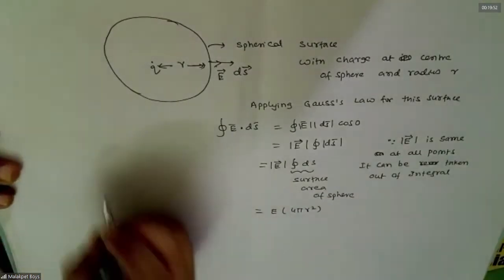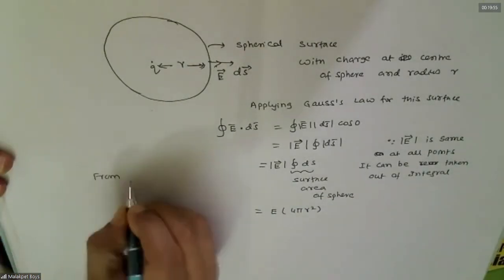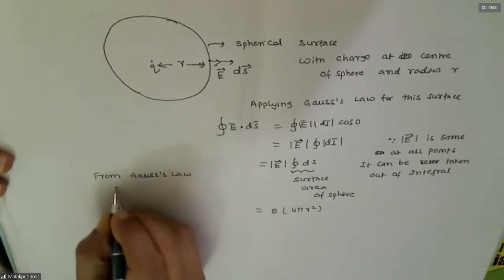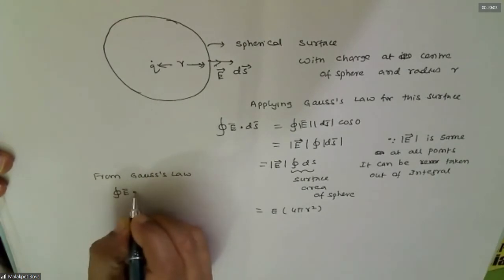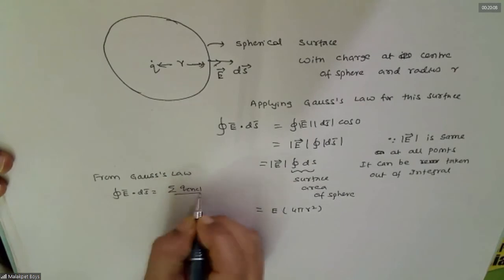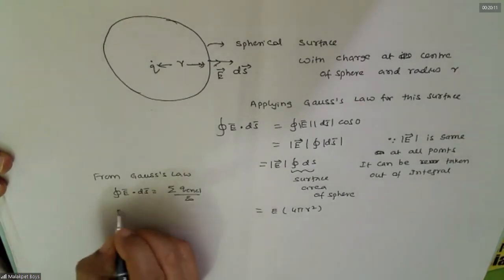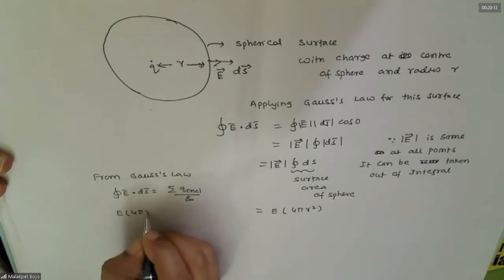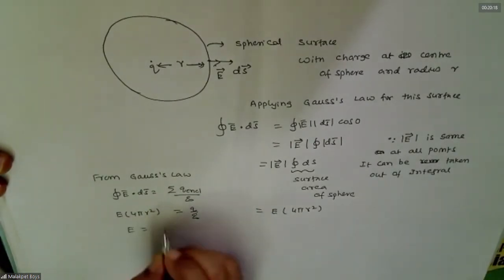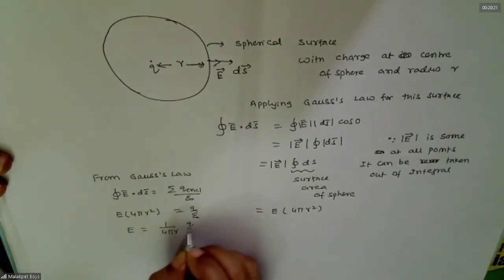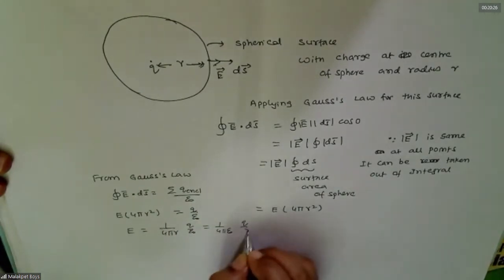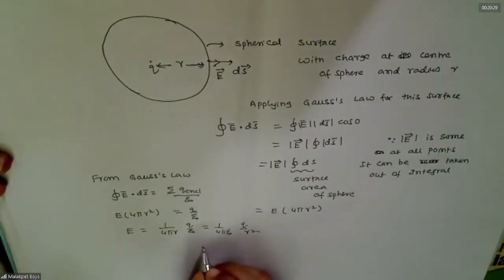Now from Gauss law, this equals total charge enclosed by epsilon naught. So E is, you have the same thing previously, no?